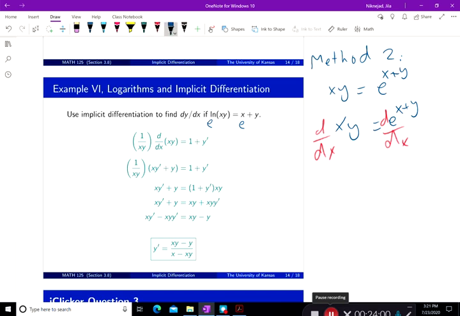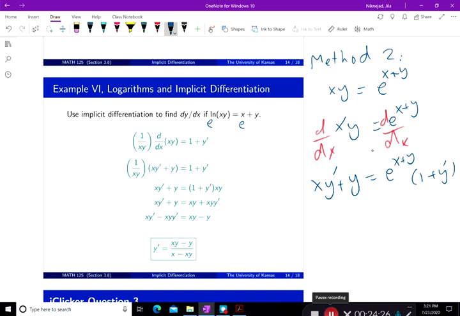On this side I know we're going to get x y prime plus y, and on the other side you get e to the power x plus y times derivative of x, which is 1, plus y prime.